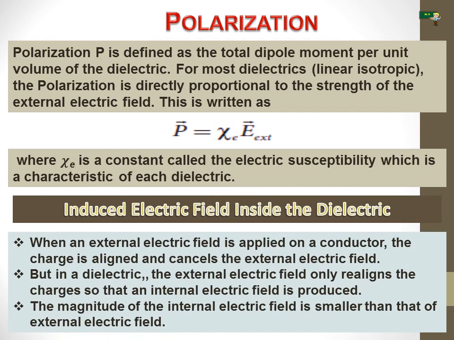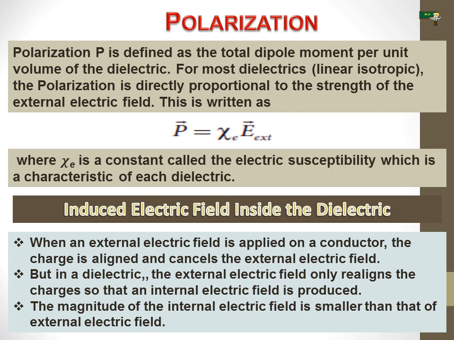Again remember, a dielectric is another kind of insulator which does not conduct electricity. It never allows the charges to move across the surface. Now, when an external electric field is applied on a conductor, the charge is aligned and cancels the external electric field because it never allows the positive or negative charges to move across them.